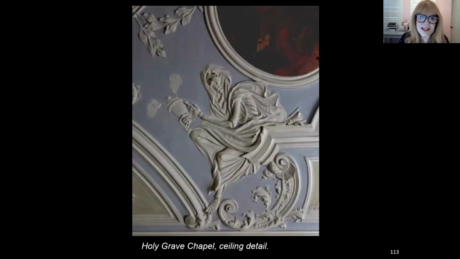And here is where the skeleton is holding a vase. And the docent said that the connotation was that this is the vase of your ashes. So you can kind of see the little poof of ashes coming out of the vase here.